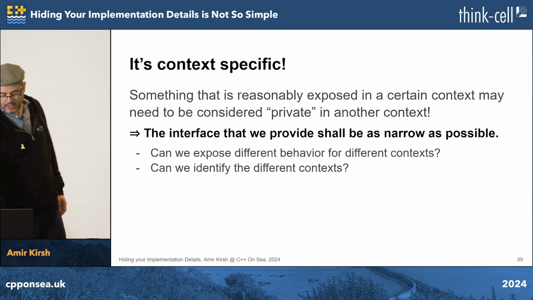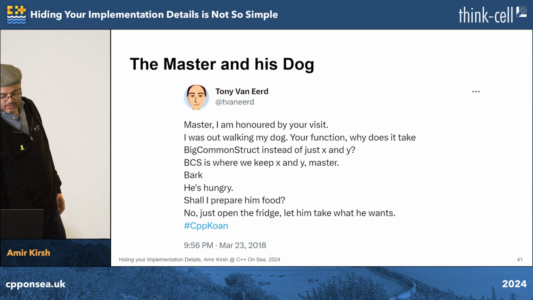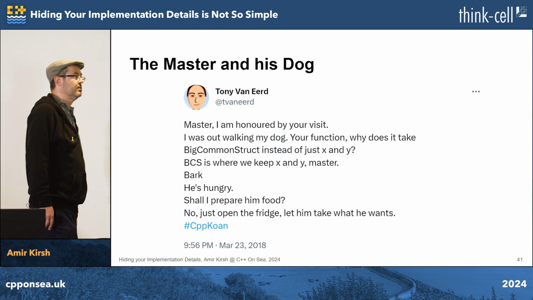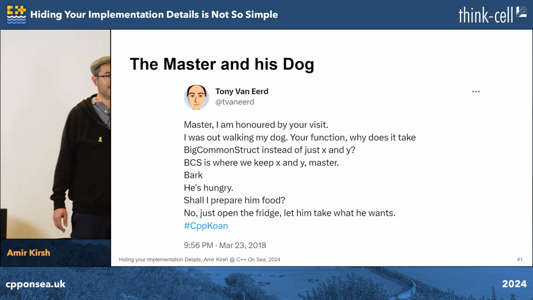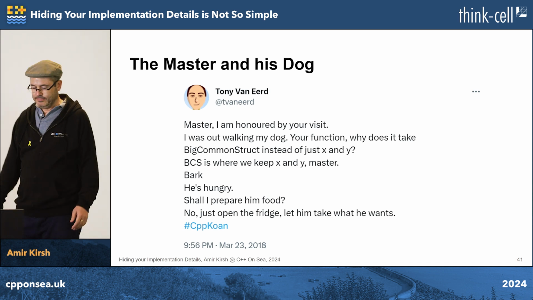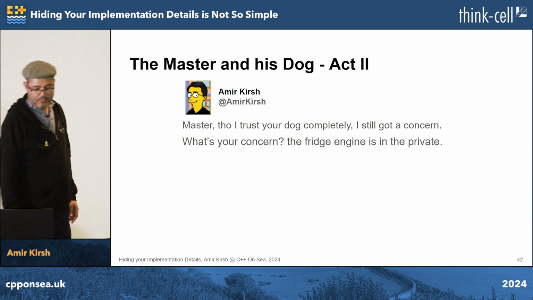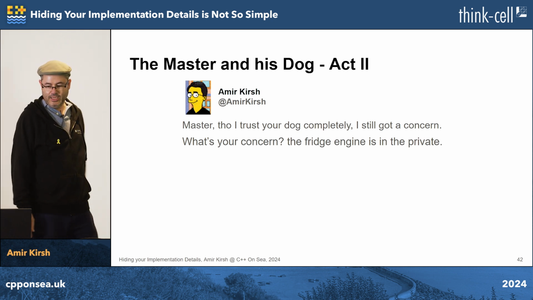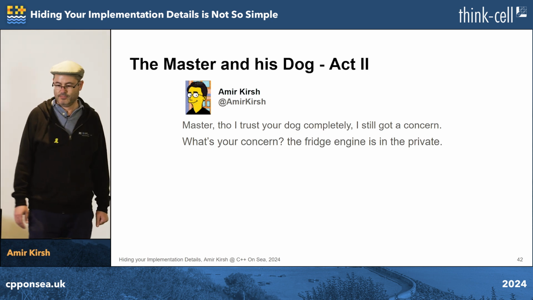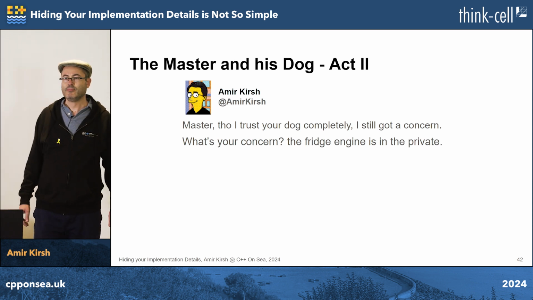Can we identify different contexts? Yes, usually we can. Do you remember the master and the dog? He's in front of the fridge. I mean, the dog still barks. We are in another place, the dog is still hungry. It continues to act too. Master, though I trust your dog completely, I still have a concern. What's your concern? The fridge engine is in the private.